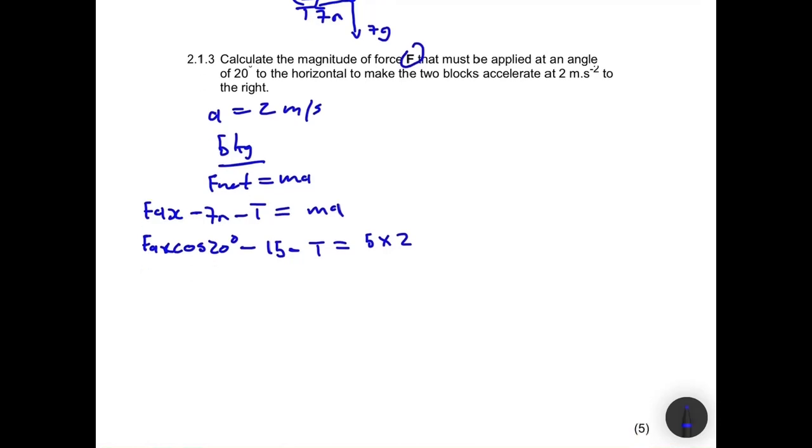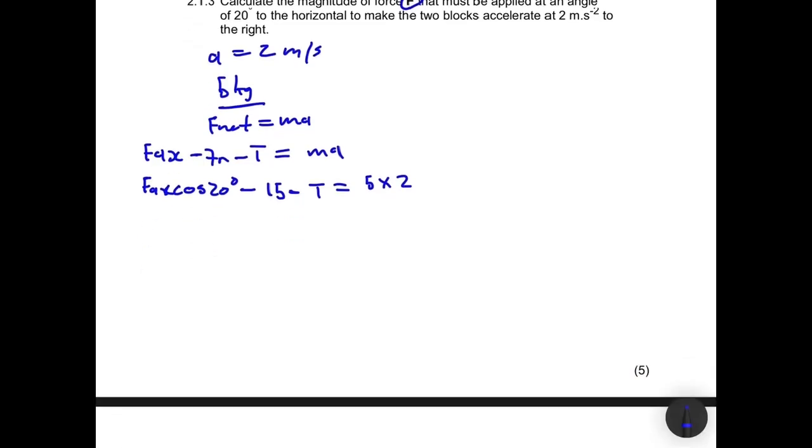So now, let's solve for Fa cos of 20 degrees. We have Fa cos of 20 degrees being equal to, taking minus 15 and minus tension to the right hand side, and on the other side we have 5 multiplied by 2, which is just 10. So we're going to have 10 plus 15 plus tension.